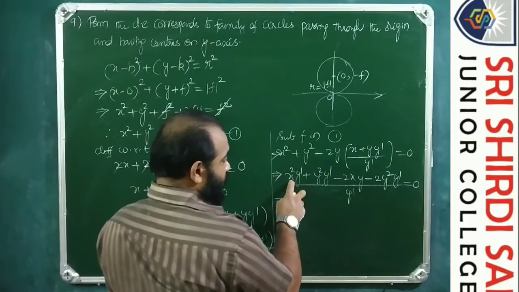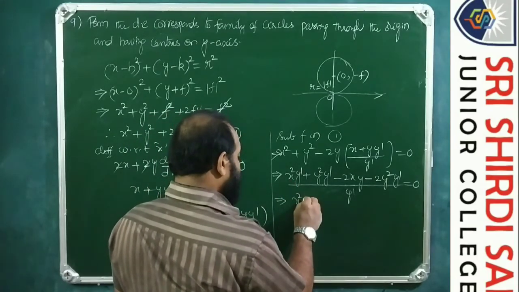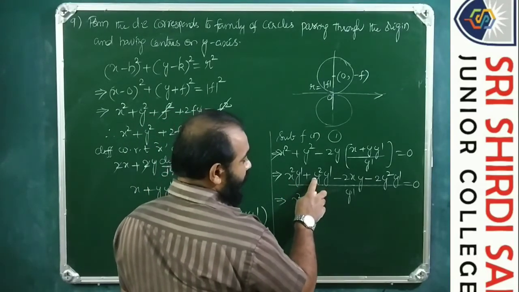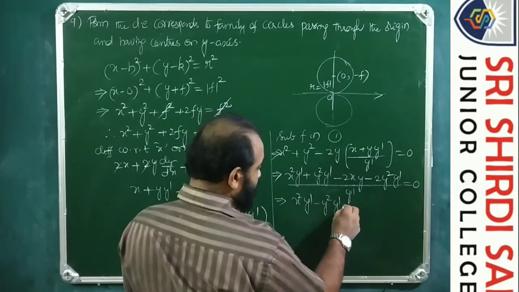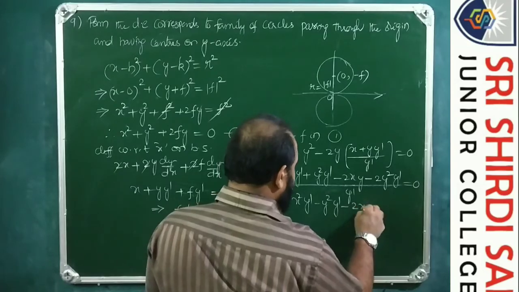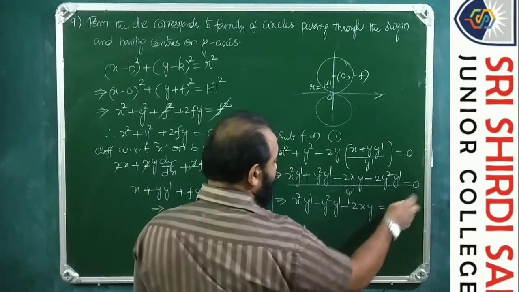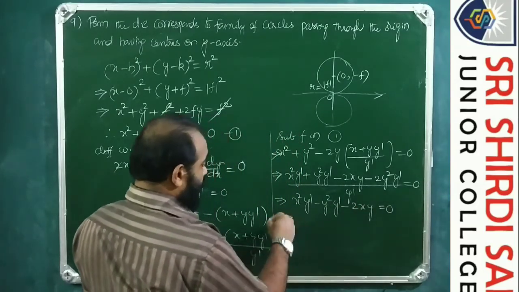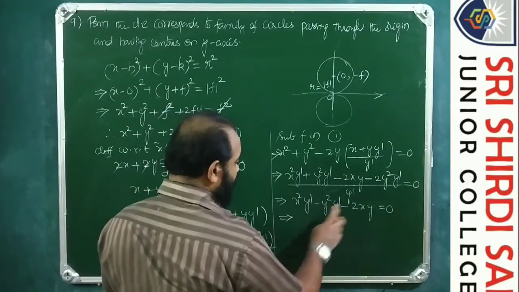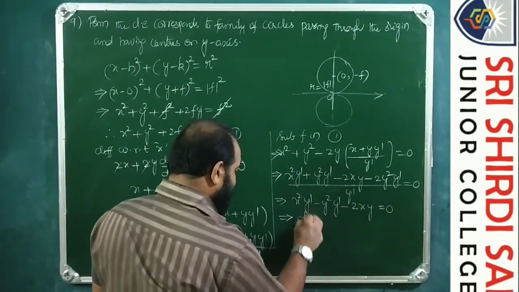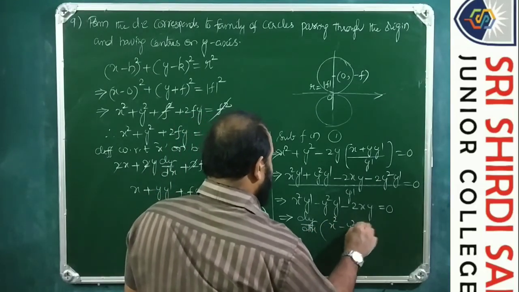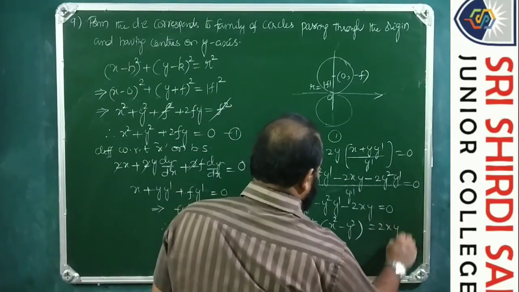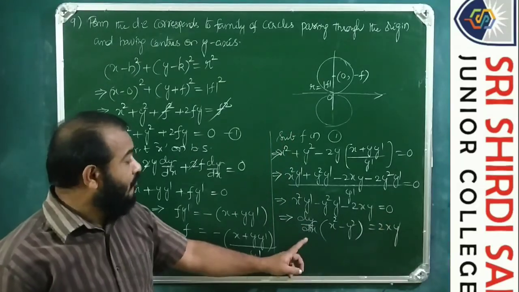So this is x² y' minus 2y² y' is minus y² y' minus 2xy equals y' into 0, which is 0. So if you take y' common, that y' is dy/dx into (x² - y²) equals 2xy. This is the required differential equation.